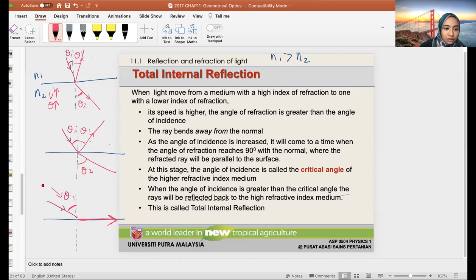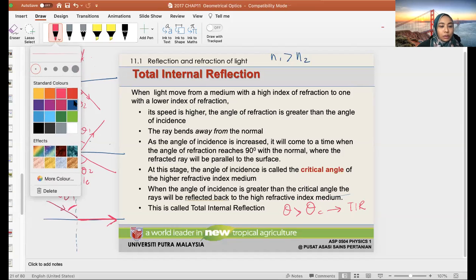This angle is called the critical angle. This is before you start getting total internal reflection. This is called the critical angle. An angle that is greater than critical angle will give you TIR.